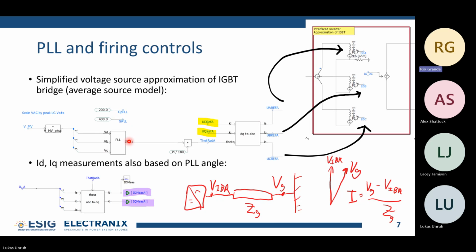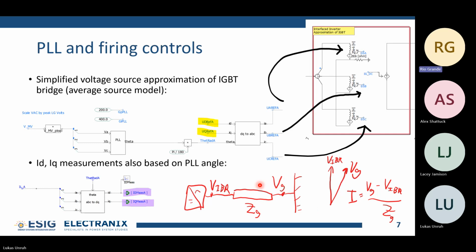I'll explain briefly why the angle, or the phase, is really important. Let's say we have a cartoonish oversimplification, but it drives the point home: an inverter, some impedance, and then an infinite bus, some V grid. This Z grid, or ZG, just represents all the impedance between the inverter and the system.